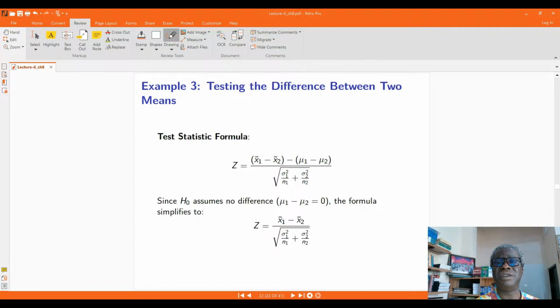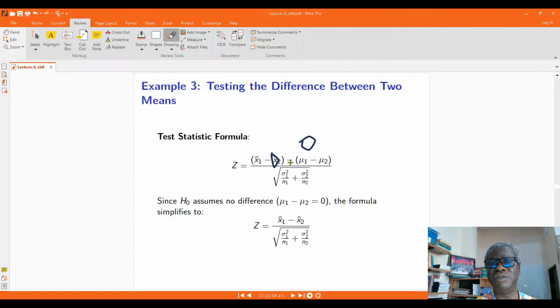Of course, you know that this one will be 0, and we have the values for the sample, the average productivity from location A. This is the average productivity from location B. So this is the formula.